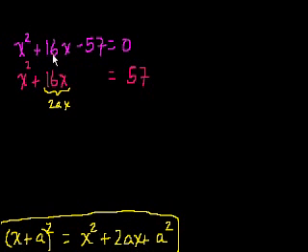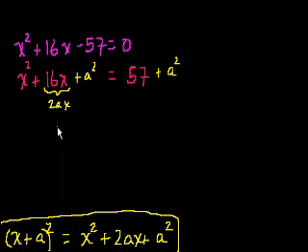And then we need to add an a squared to it, and then we would have the form here. But we know from basic algebra that anything you do to one side of an equation, you have to do to the other. So we added an a squared here, so let's add an a squared here as well. And now you could essentially rewrite this as a square of some expression. But before that, we have to figure out what a was.